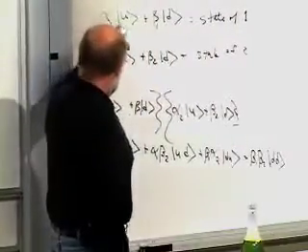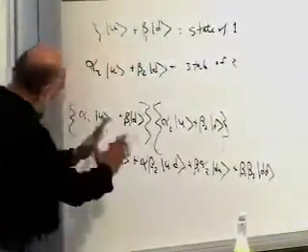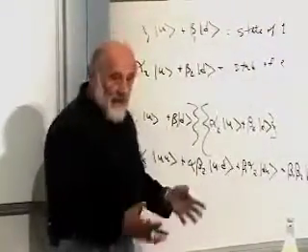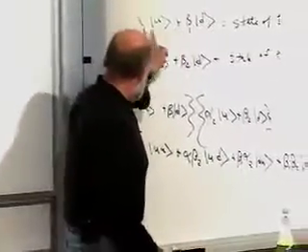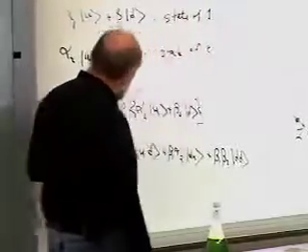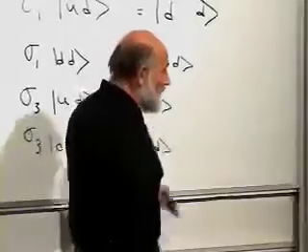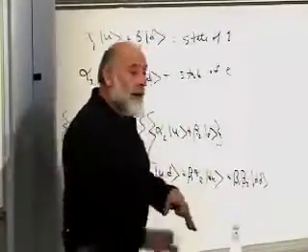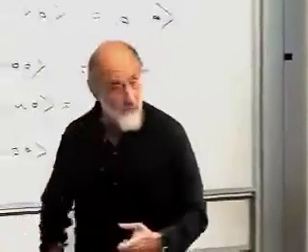With the same, just using alpha 1 and beta 1 in the same way, you'll find a direction in space such that sigma 1 is definitely positive. It'll be the same direction as you would have gotten by just looking at the one electron system by itself. Same thing for the second electron. There exists some direction, a different direction in general, in which the second electron is also pointing along the positive axis.